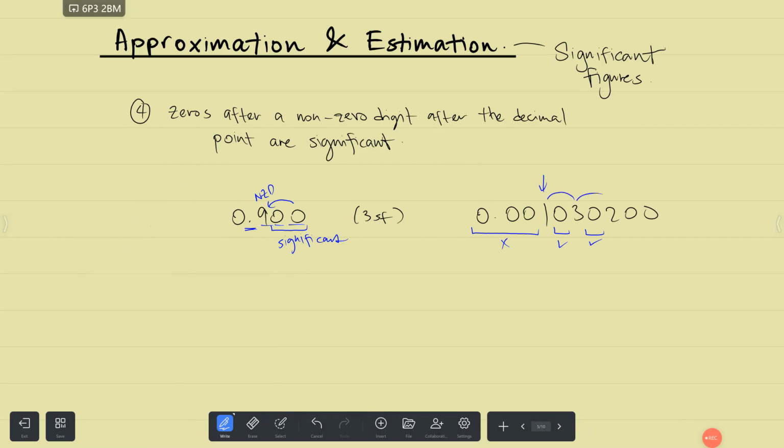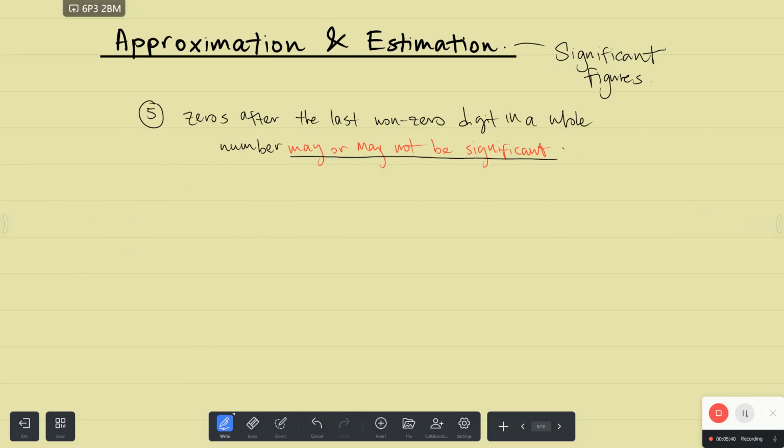This 0 is significant as well for the same reason, because they are flanked by two non-zero digits, meaning to say that they are in between two non-zero digits. Over here, this set of zeros will be significant as well because they are after the non-zero digit that is after the decimal place. And so over here you have 1, 2, 3, 4, 5, 6, 7. This is 7 significant figures.